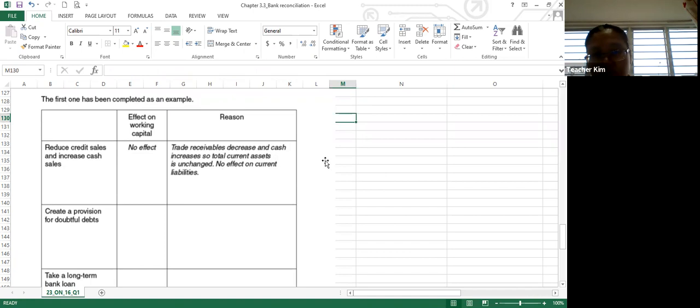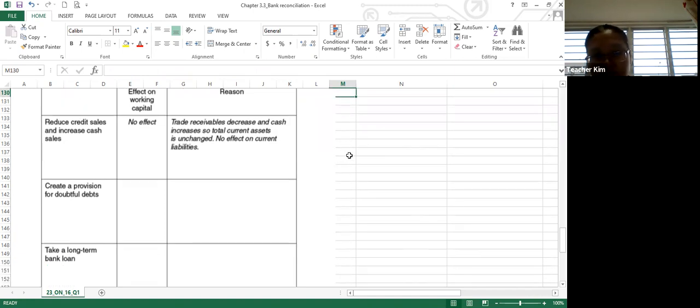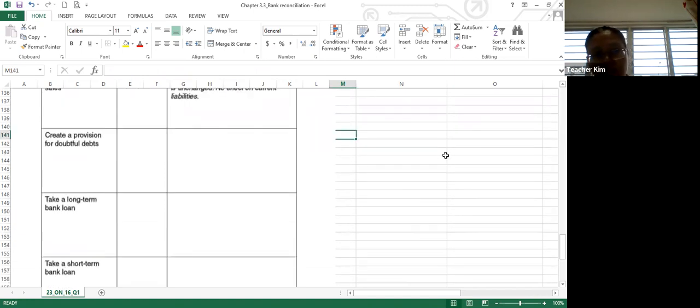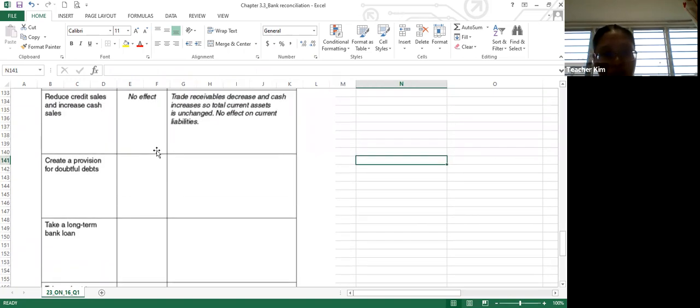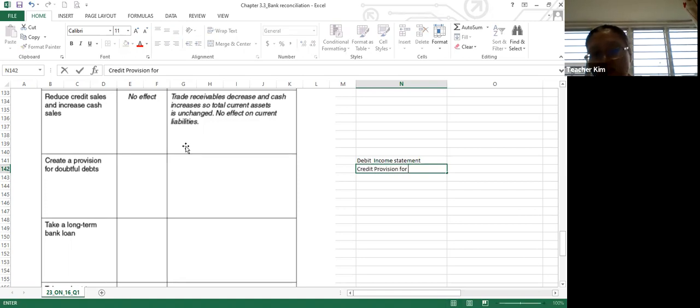For number two, I put it in here. Number two is credit. When we create the provision for doubtful debt, the double entry will be debit income statement, and then credit provision for doubtful debt.